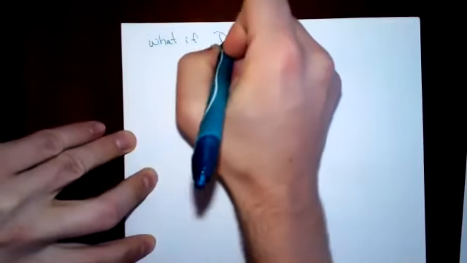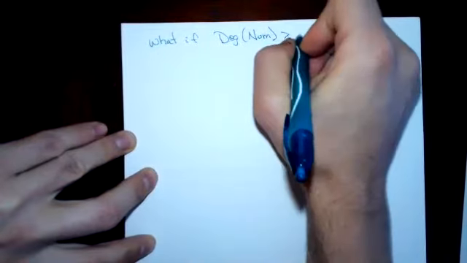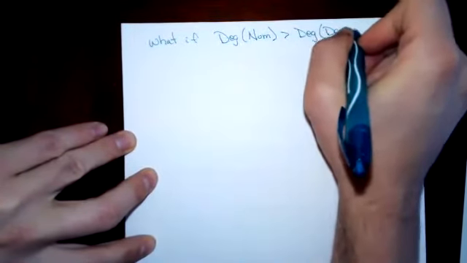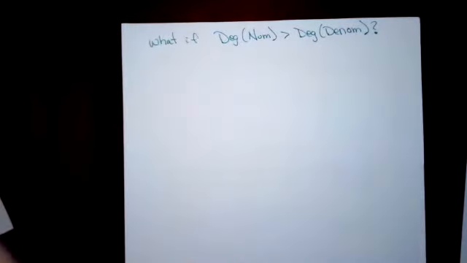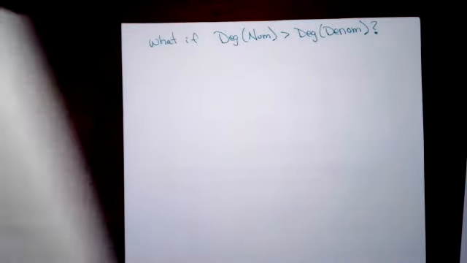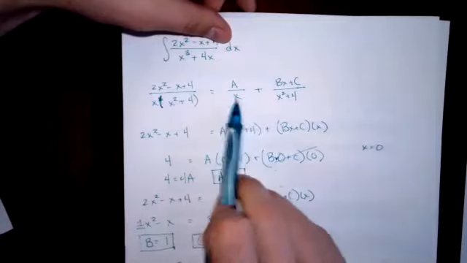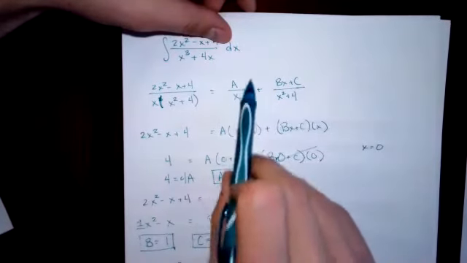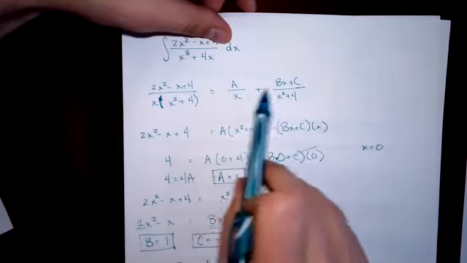So what if the degree of the numerator is bigger than the degree of the denominator? When we've done these partial fractions, let me pull up the page of notes. It really relies on the fact that because I have the denominator split, when we find the common denominators, what degree of polynomial am I going to get on the right side?